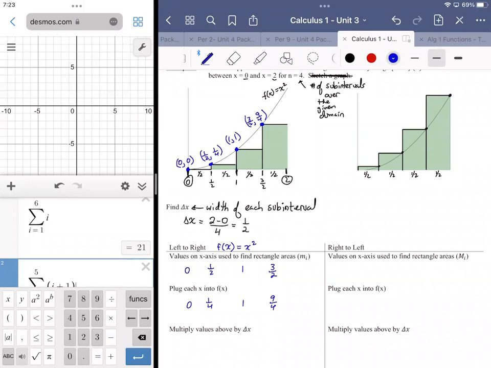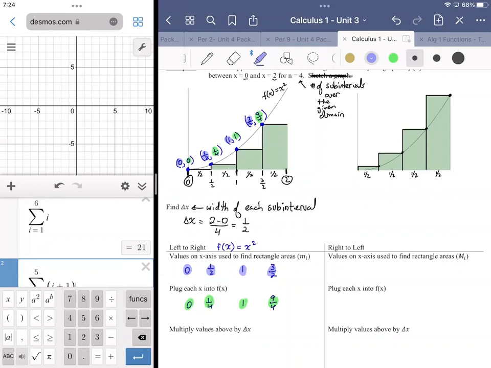So when I say plug each x into f of x, I'm just coming up with the y values corresponding with the given x values. Each one of these is a y value. Sometimes making a step-by-step process makes the concept overly complicated, and I've never really come up with a nice, concise, easy way of doing this.